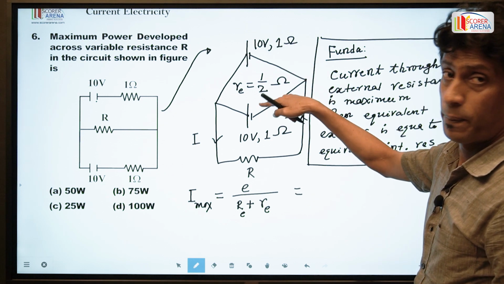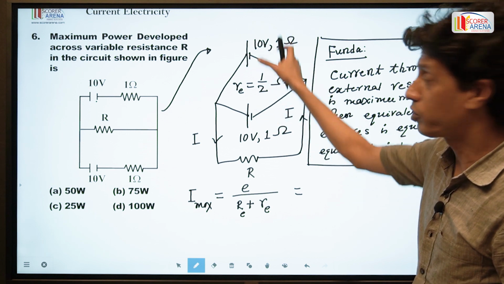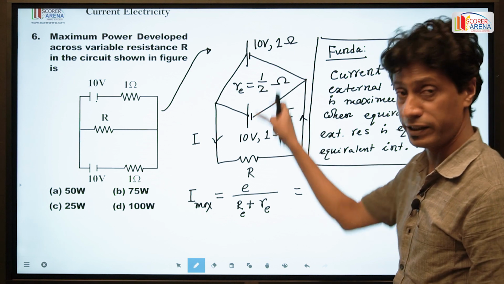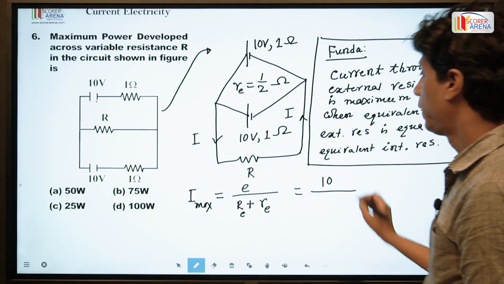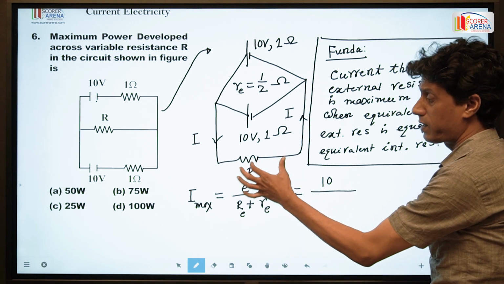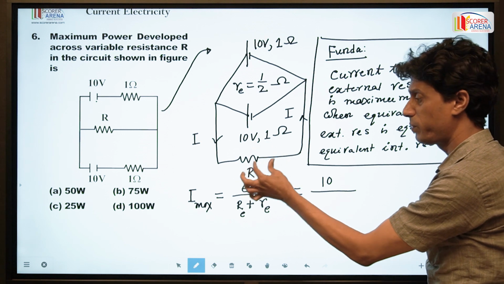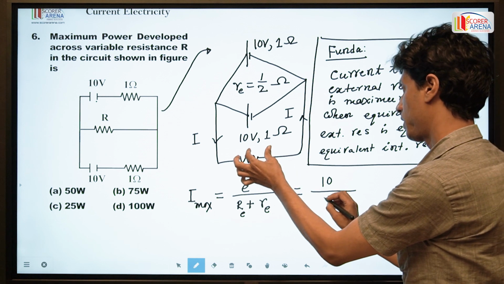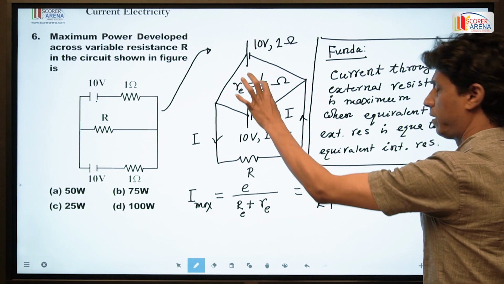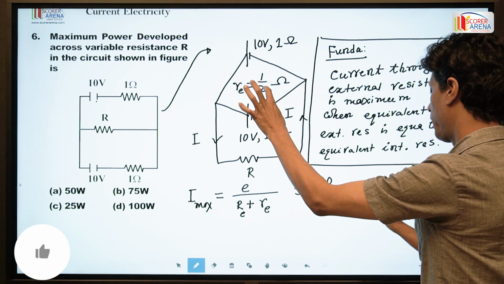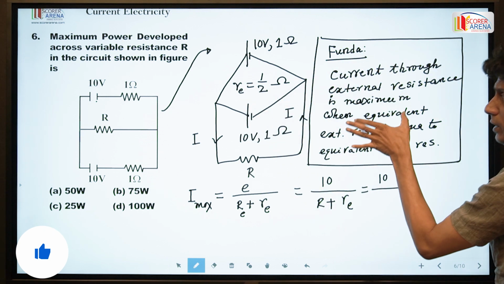Two cells, 10 volt 1 ohm and 10 volt 1 ohm, are identical cells connected in parallel. So the effective EMF is 10 volt, and here there is a single external resistance, so it is not necessary to find the equivalent external resistance. It is simply R, and the equivalent internal resistance is r equivalent.